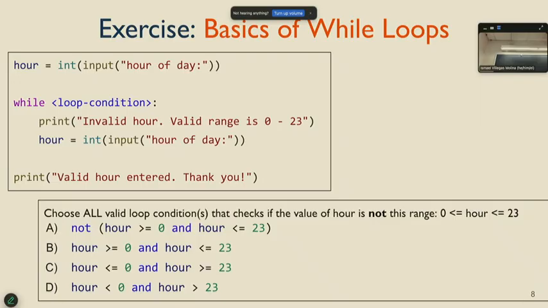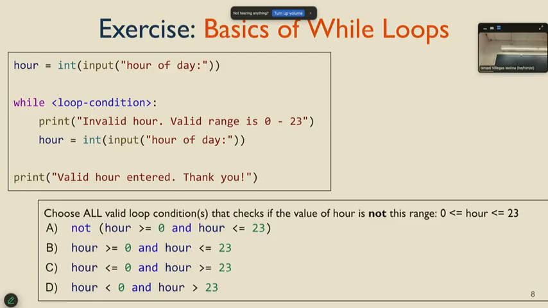if something is true, we want to go inside the while loop, and we want to say invalid hour, valid range is 0 to 23. And then you ask for the hour again. Okay? And at the very end, you say valid hour answer. Thank you. This is going to be a very similar type of question for the midterm as well.